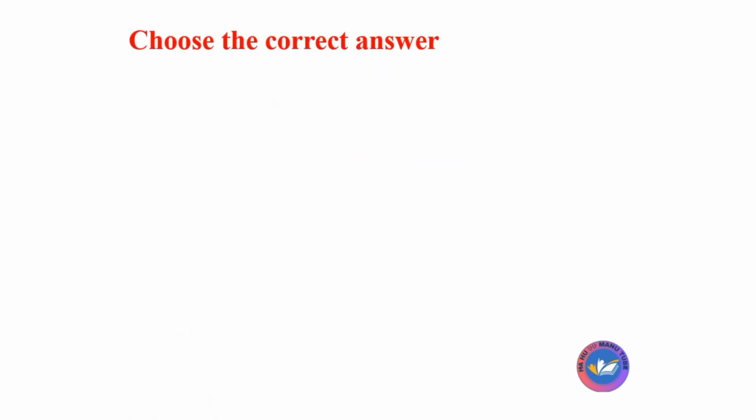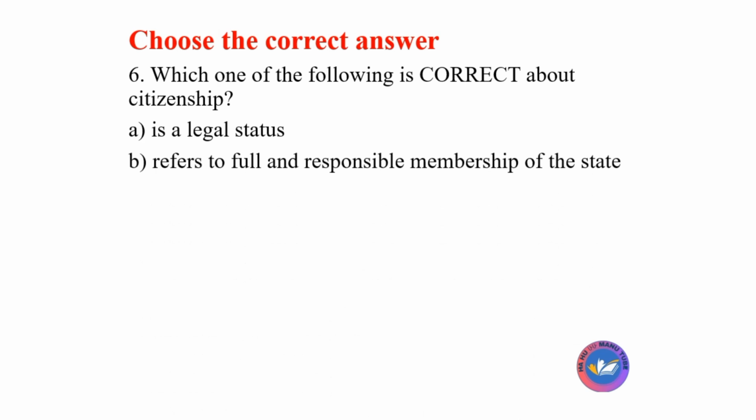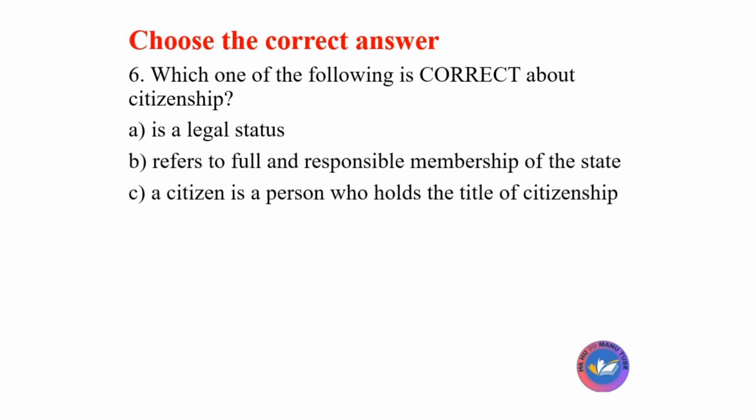Choose the correct answer. Question number 6. Which one of the following is correct about citizenship? A. Is a legal status. B. Refers to full and responsible membership of the state. C. A citizen is a person who holds the title of citizenship.